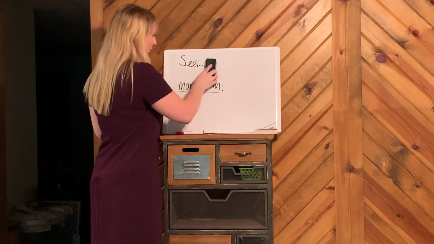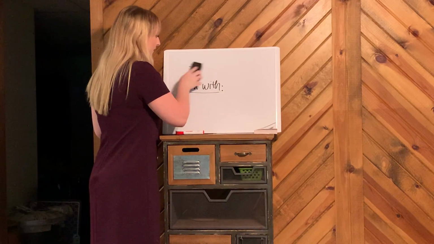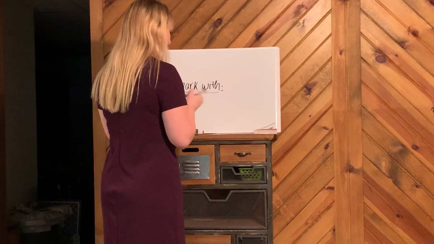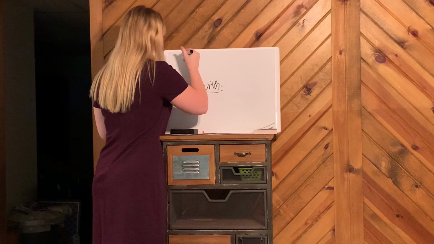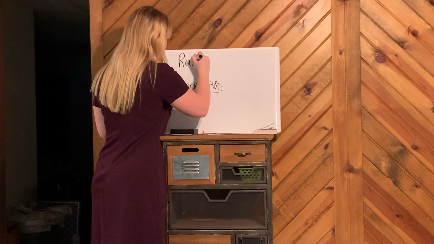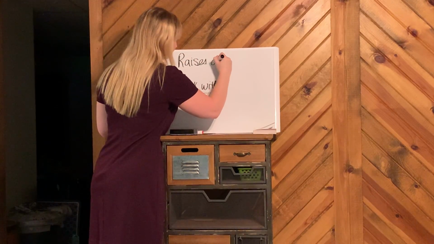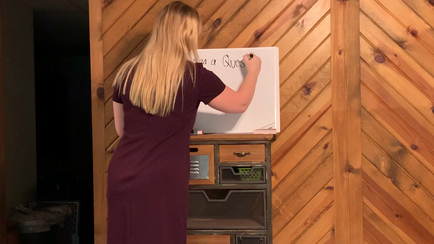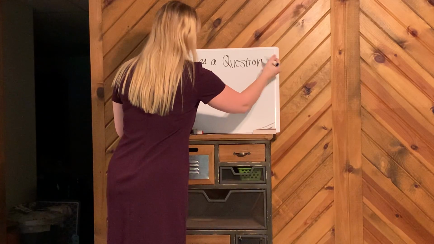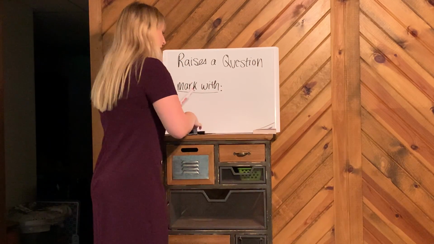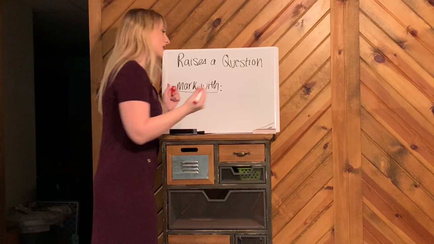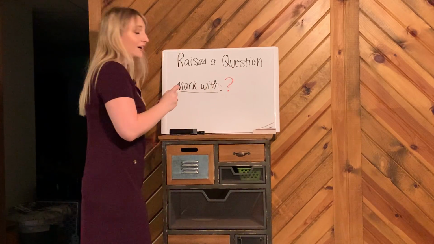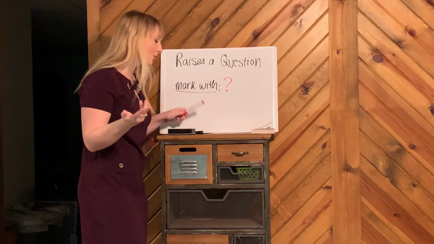Then the next marking will be titled Raises a Question. And you are going to use a question mark as the symbol for that. Kind of obvious to use a question mark for raises a question.